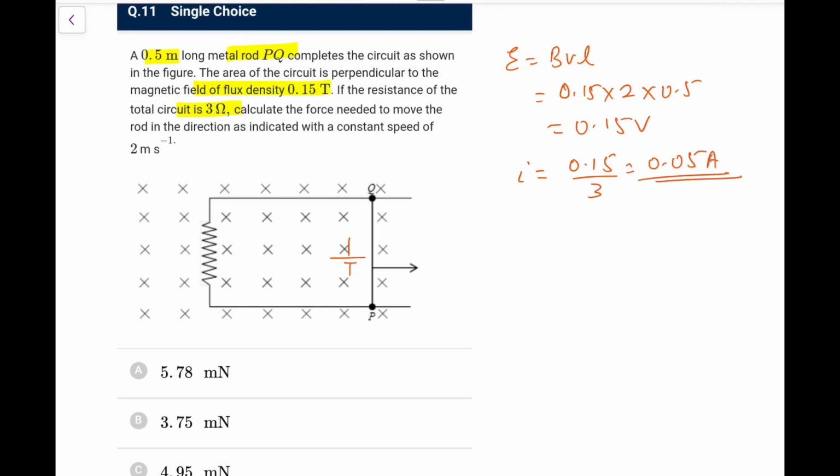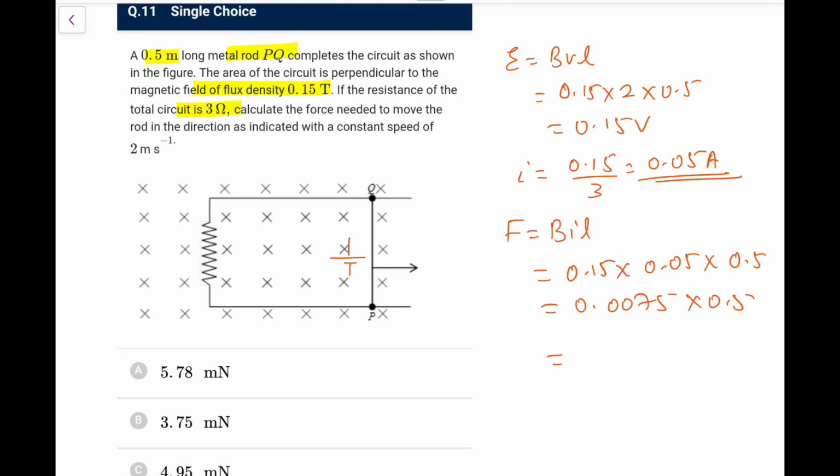This is 0.05 ampere. Now, what would be the force acting on it? Force due to magnetic field is BIL, that is 0.15 into I, that is 0.05, into L, that is 0.5. So it is 15 into 5, that is 75, so it is 0.0075 into 0.5.